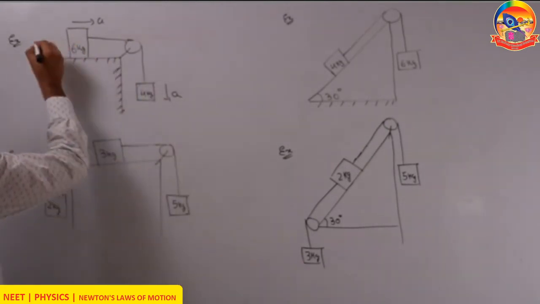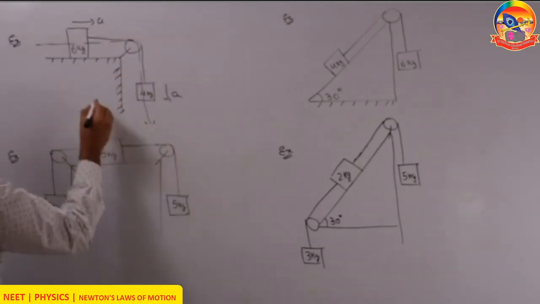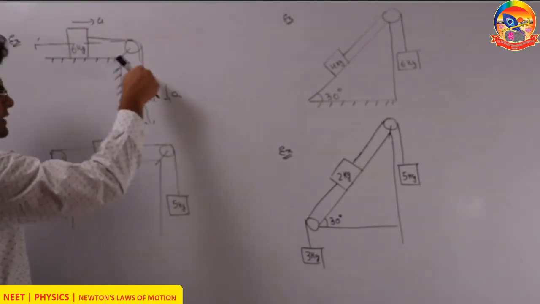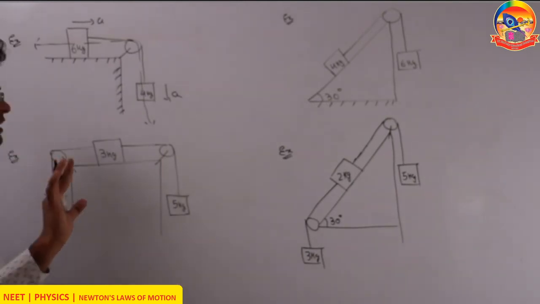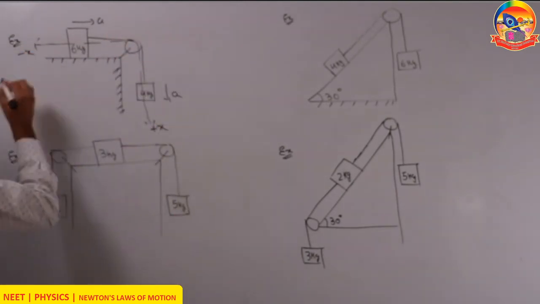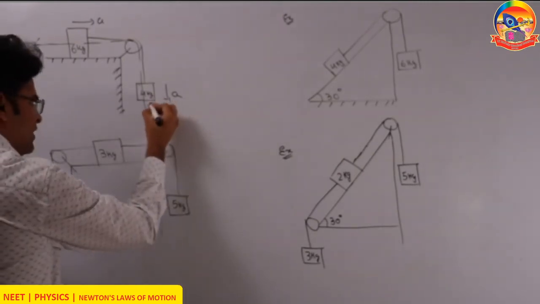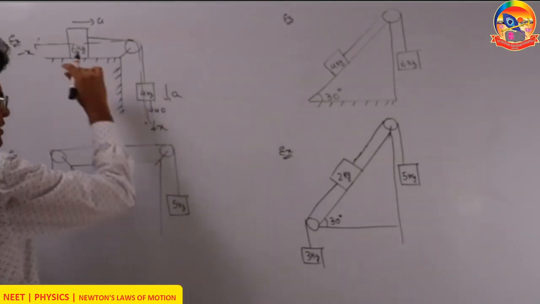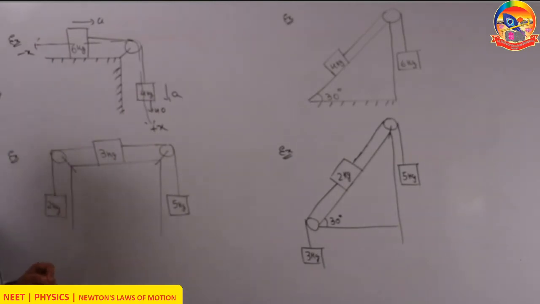If I take the axis along the string, that's why I called it equation along the string, so I take this as positive x and this as negative x. On positive x, there is a force of gravity 40, which is trying to drive the system in direction of positive x.